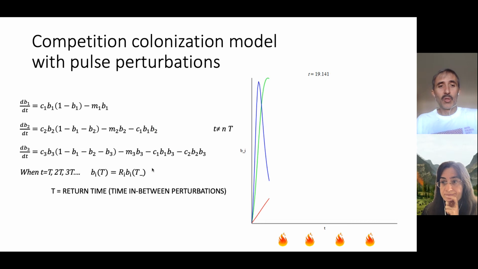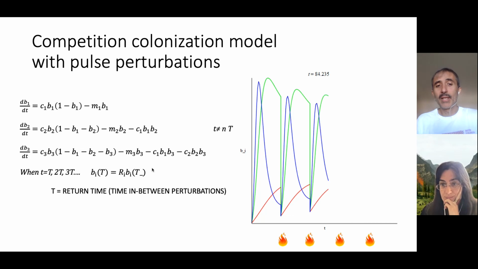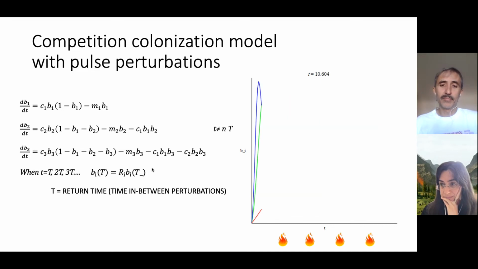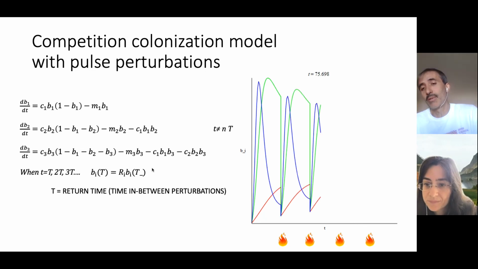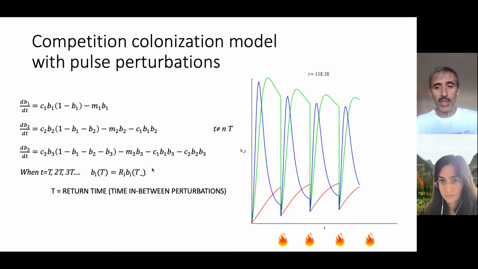Next. So what we do is we use a very similar approach, using almost all the time the same type of equation, but at specific points in time, fires or perturbations occur that empty some patches, so the dynamics is somehow restarted. So here you see a simulation of that. Next.